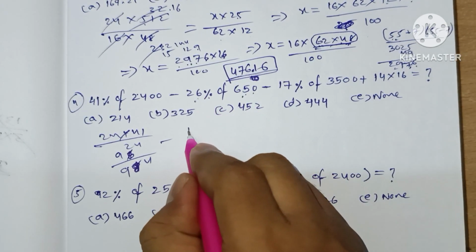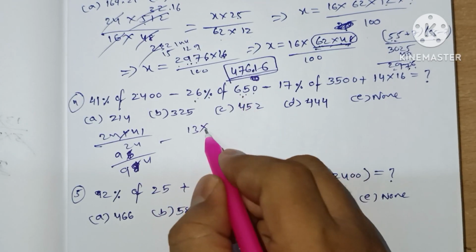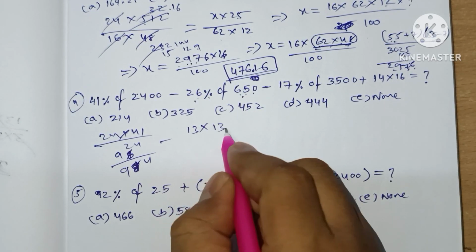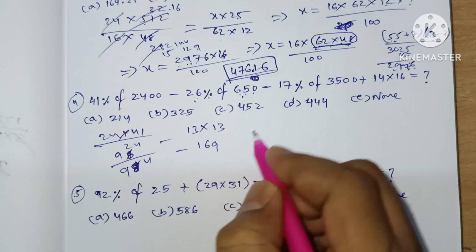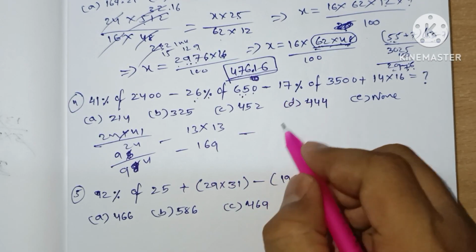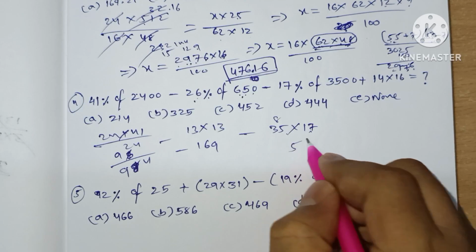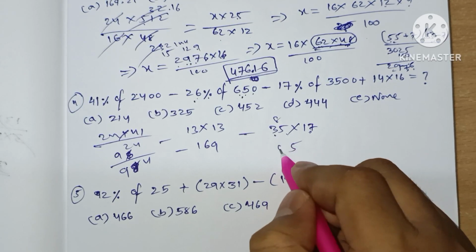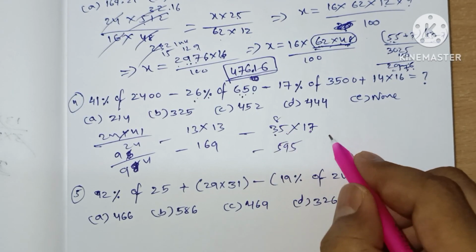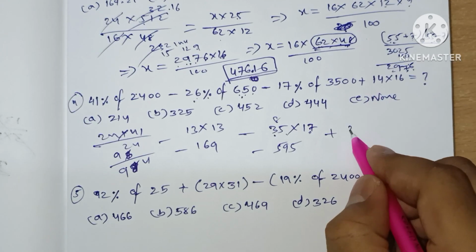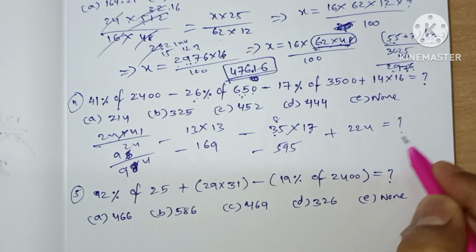So 2, 13 times and 5, 13 times. We get minus 169, minus 35 into 17. 17, 5 times is 85. 17, 3 times 51, 595, plus 14, 16 times 224 equals to question mark.